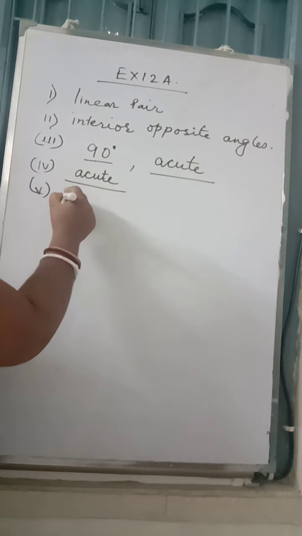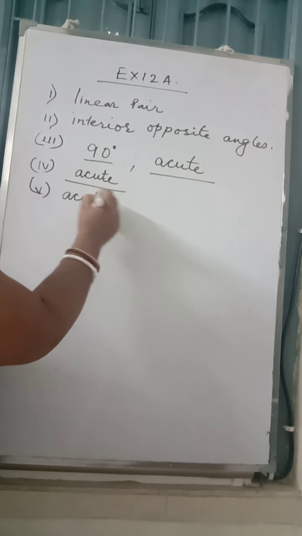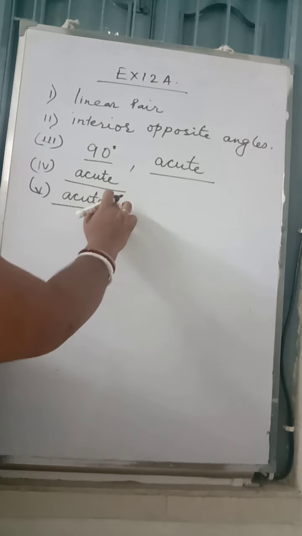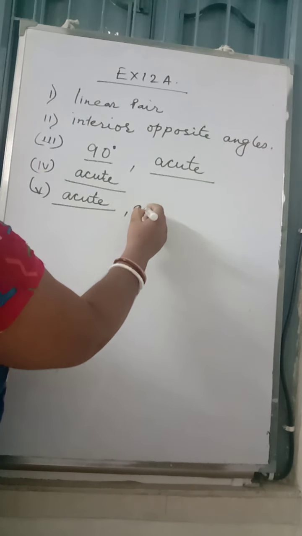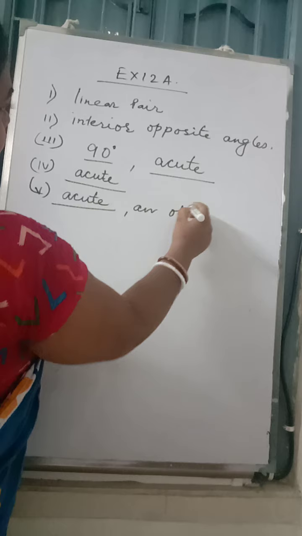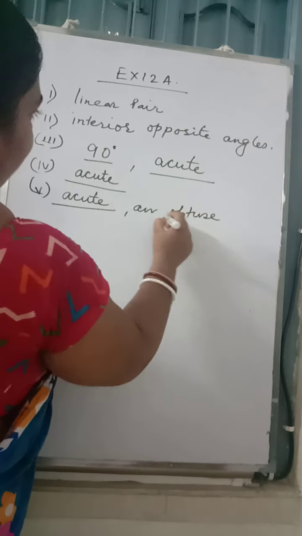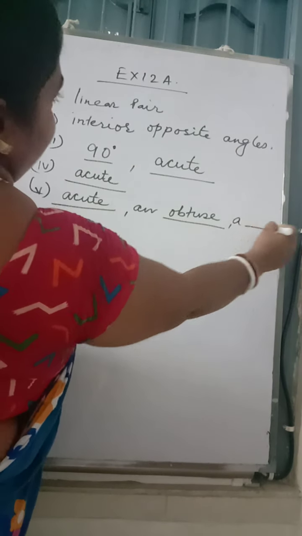Then number 5, if the exterior angle of a triangle is obtuse, then one of the interior opposite angles will be an acute angle, and the other interior opposite angle can be an acute angle, because 2 acute angles give you obtuse. It can be an obtuse angle because obtuse plus acute also sometimes gives you obtuse, or it can be a right angle.